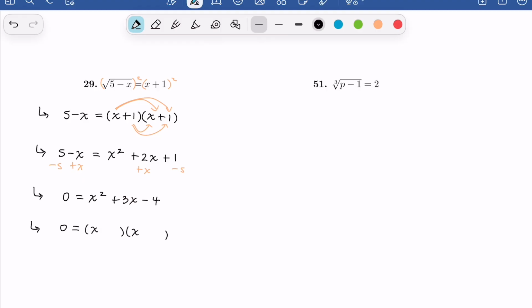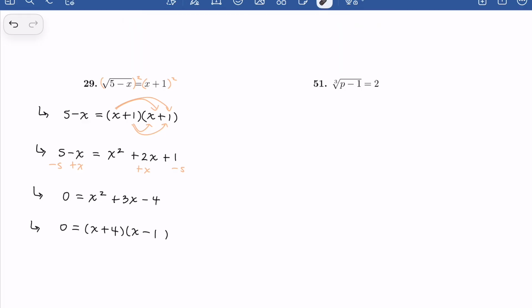Multiply to give me -4. So this could be -2 and +2, but when I add those guys together, I'm not going to get a +3. So this tells me I probably want a +4 and a -1. This is because 4 times -1 is going to give me -4, and 4 minus 1 gives me that 3. We can go ahead and also FOIL this and make sure we end up with this original equation.